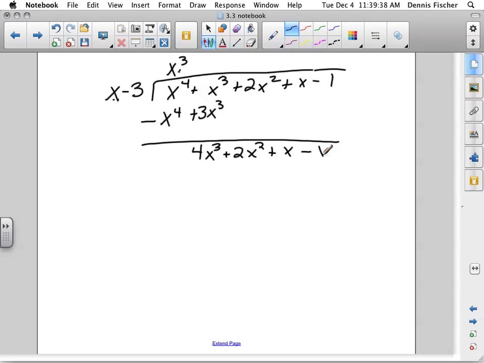Now, what times x will give me 4x cubed? 4x squared. 4x squared times x is 4x cubed. 4x squared times a negative 3 is a negative 12x squared. Change the signs.